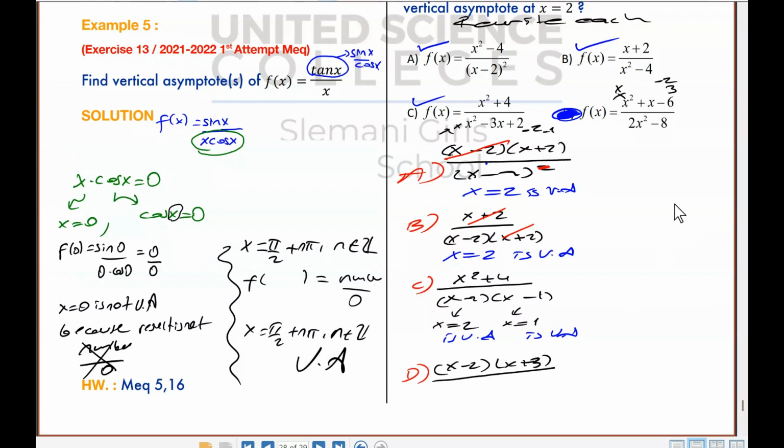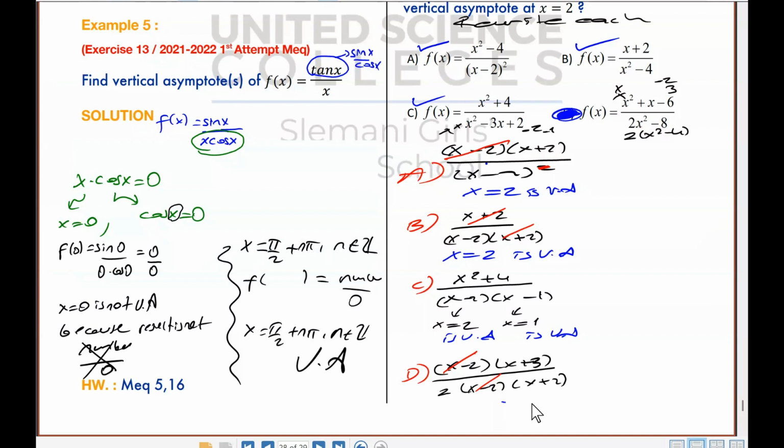At the bottom, 2 is common. X squared minus 4 remains. So 2 multiplied by, you can also expand x squared minus 4 as (x minus 2)(x plus 2). So there is cancellation. The x minus 2's will cancel each other. X plus 2 remains in the denominator. This is what makes the denominator 0.